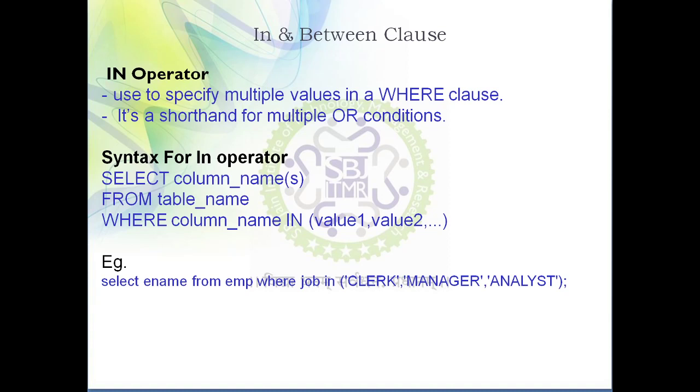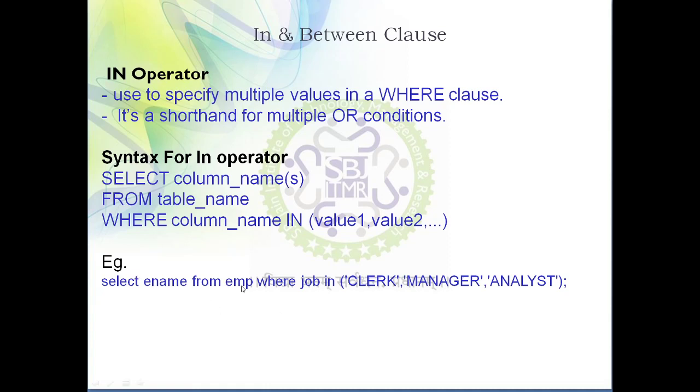So what is the syntax that you need to follow for using the in operator? Select column names from table name where column in, and in brackets you need to specify the values. For example, I want to get the name of an employee whose job is either clerk or manager or analyst. How can I write a query?